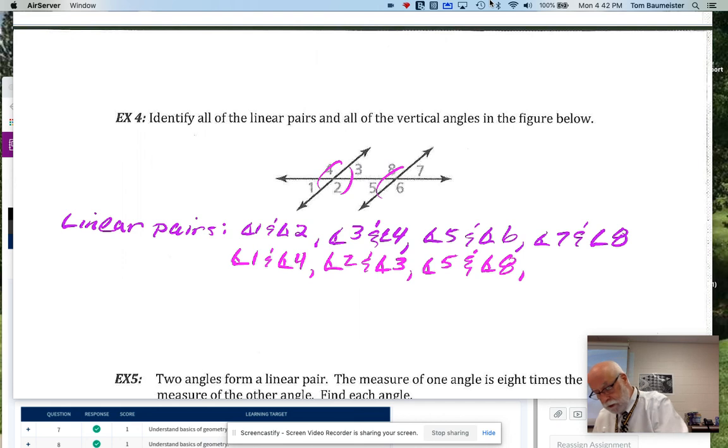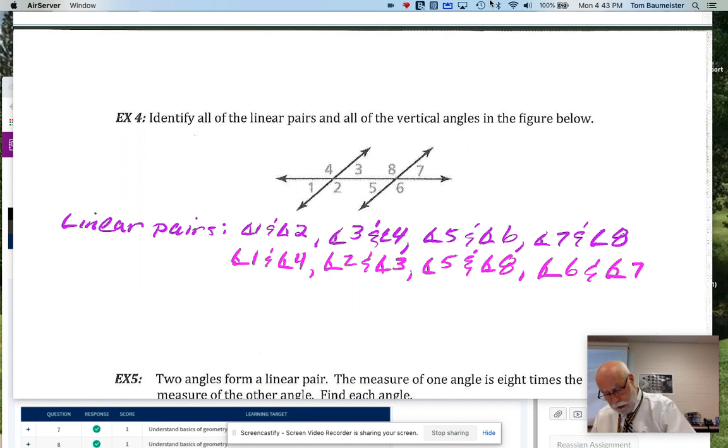And let's see, angle 6 and angle 7. Okay, so those are all our linear pairs. If you think about it, we just did 1, 2, 3, 4, 8 of them. All right, which could make sense. It should make sense, right? Because again, they are next to each other.